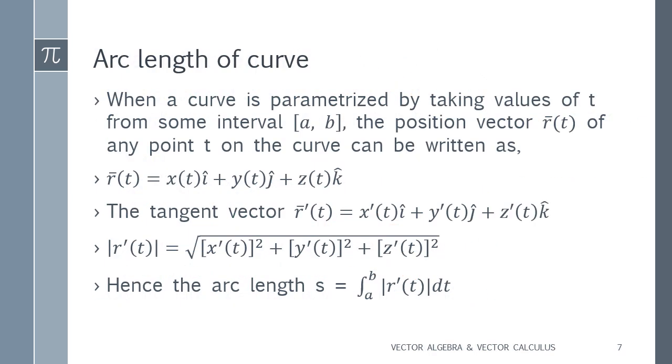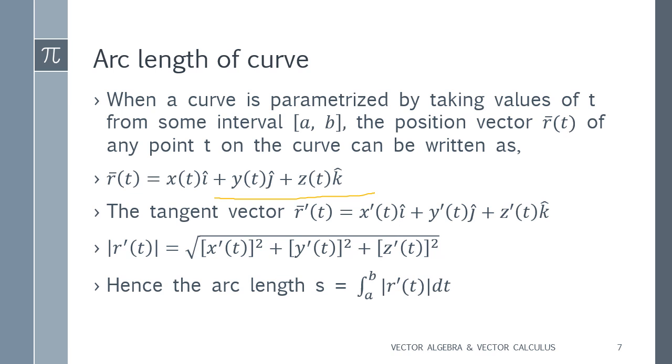Now here the next topic is given, and this one is very important again for the exams, but in detail we will do it in our next sessions. Here I'm just giving its overview, the formulas for the arc length. The curve is represented by x(t) i plus y(t) j plus z(t) k.